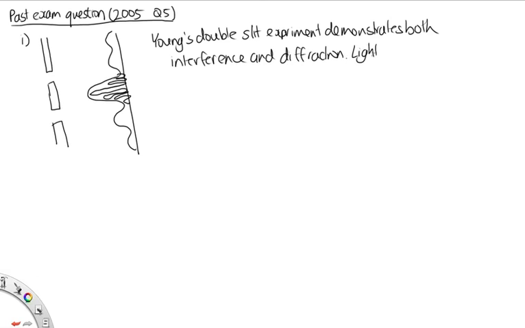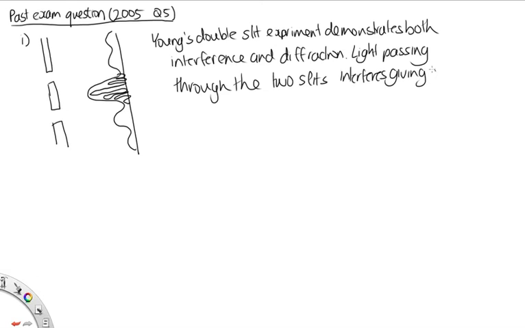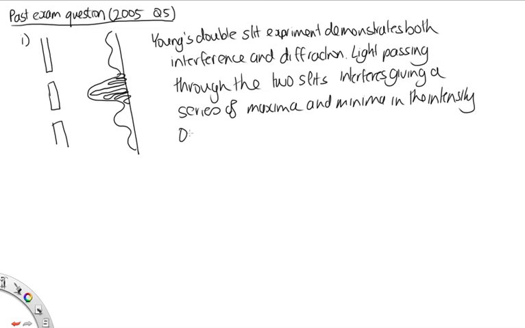Light passing through the two slits interferes, giving a series of maxima and minima in the intensity on the screen. So there we go.